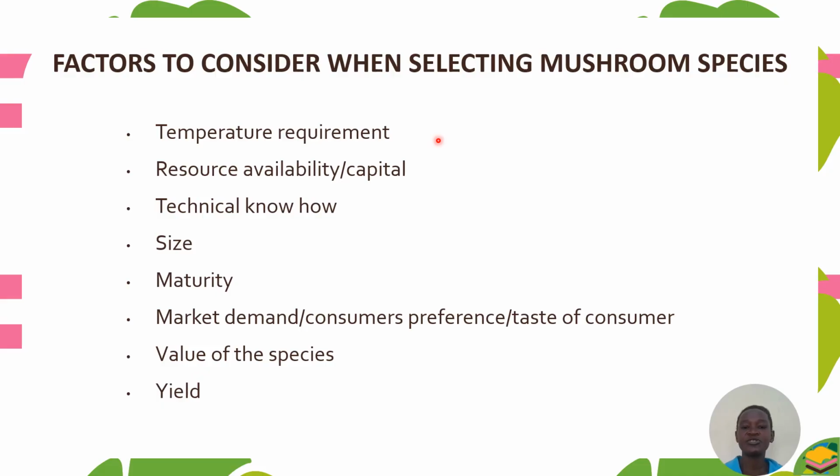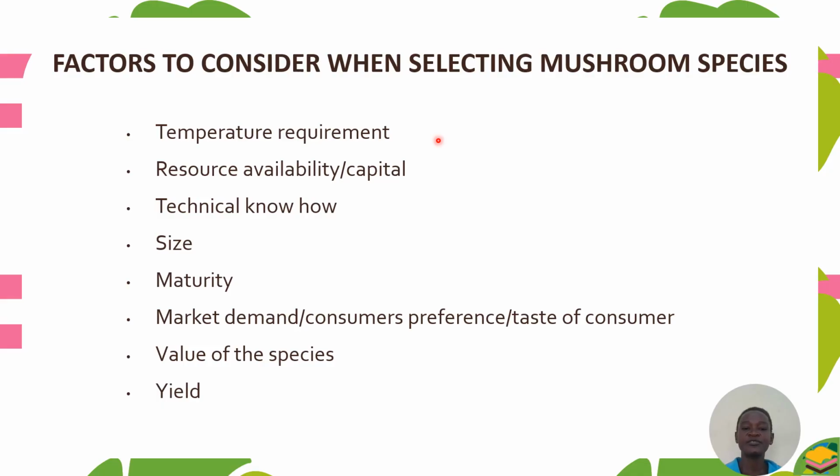For oyster mushroom, their temperature requirement will reach up to 30 degrees Celsius. So you check with the temperature. If the temperature in your area is as high as 30 degrees Celsius, it means you go for oyster mushroom.